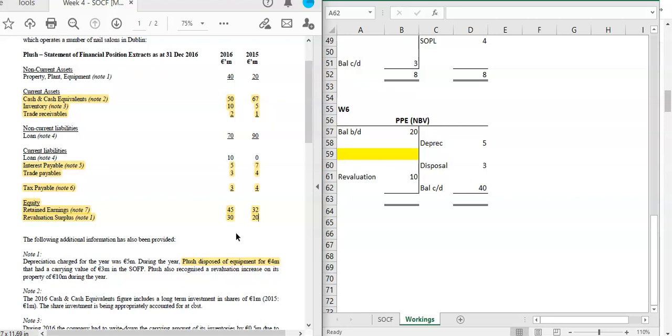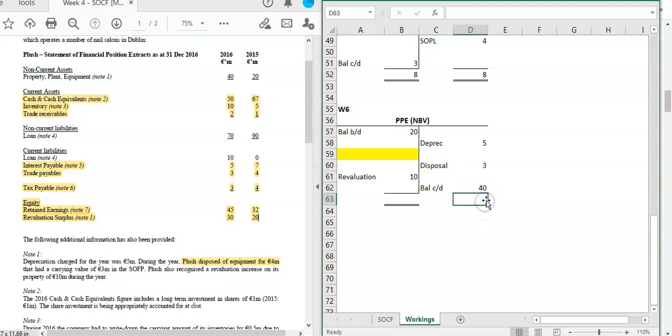The net book value has gone up by 10 million and we're increasing the net book value here. We don't need to clear out accumulated depreciation first because we're looking at a single net book value line item. So we're not inconsistent there. It's just a different way of presenting it. If you got cost and accumulated depreciation, it'd be a slightly different approach. But usually we only get a revaluation increase when we look at net book value.